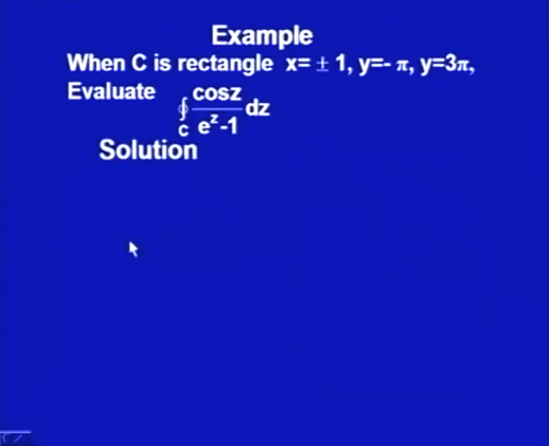Try to solve it. First, see this function cos z upon e to the power z minus 1. Cos z is an entire function. In the denominator I do have e to the power z minus 1. So, this function would not be analytic, or would have singularities, at all those points where e to the power z is 1. If you do remember, e to the power 2 n pi i is always 1 for all n.